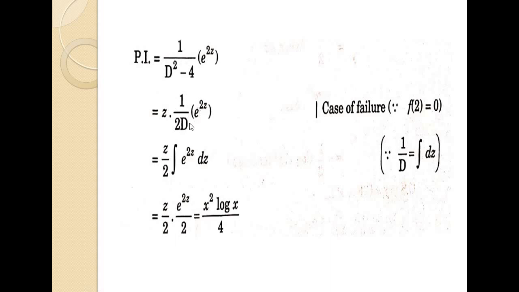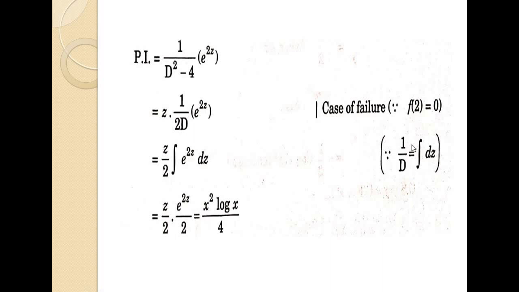Now if you substitute D equal to the coefficient of z here, that is 2, we are not getting 0 in the denominator, so we substitute D equal to 2 here, which gives z by 2 into 1 by D operated on e power 2z. What is 1 by D? 1 by D is nothing but integral.